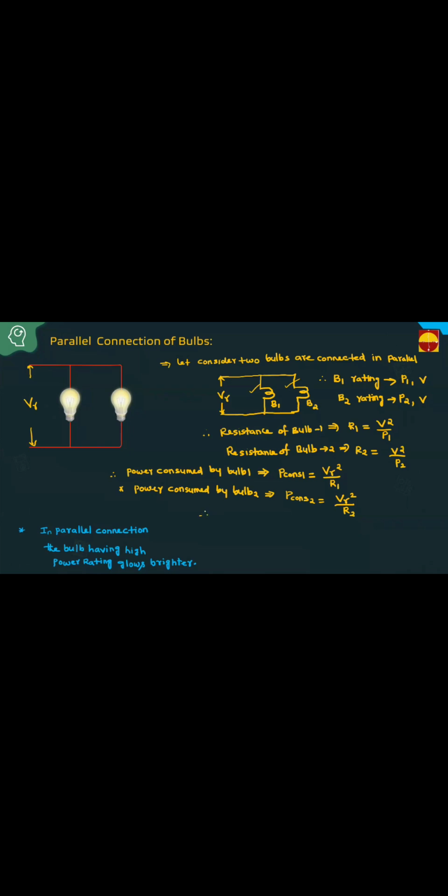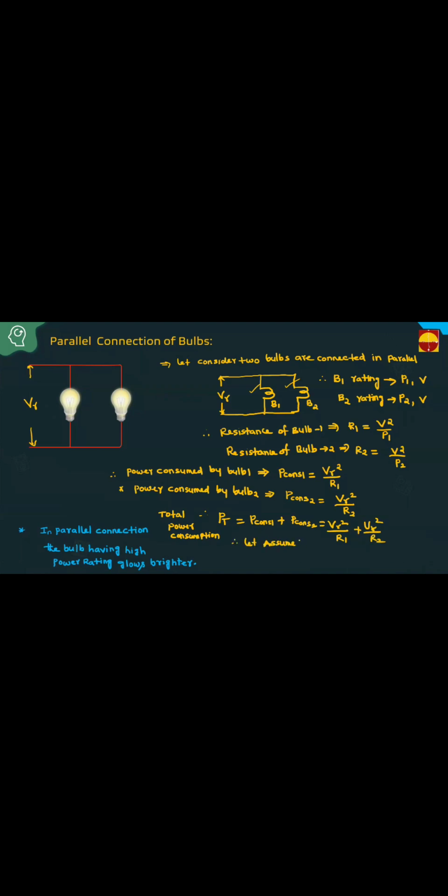What is the total power consumption? The total power consumption equals P consumption 1, the power consumed by bulb 1, plus the power consumed by bulb 2: VR square by R1 plus VR square by R2.